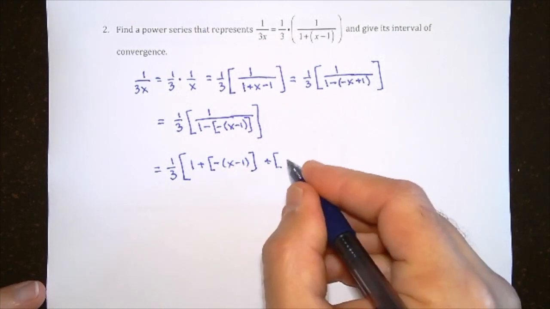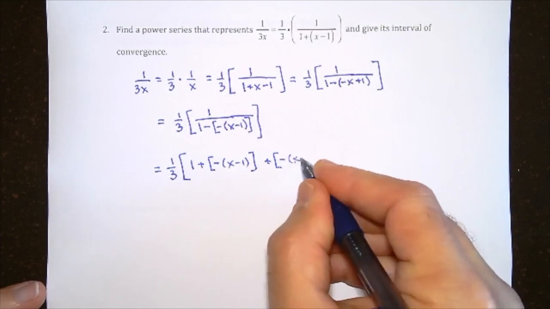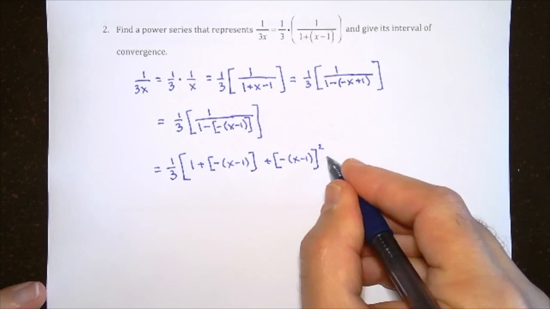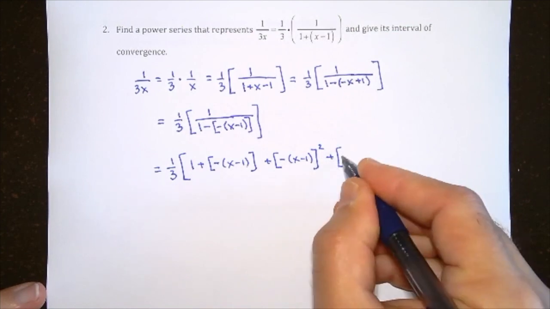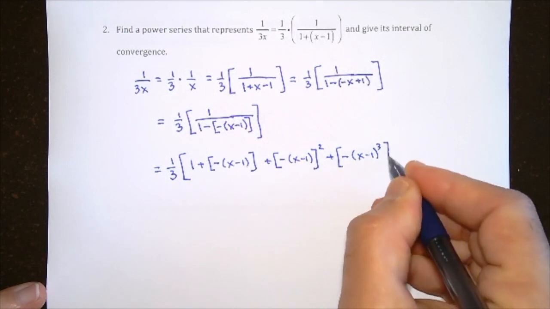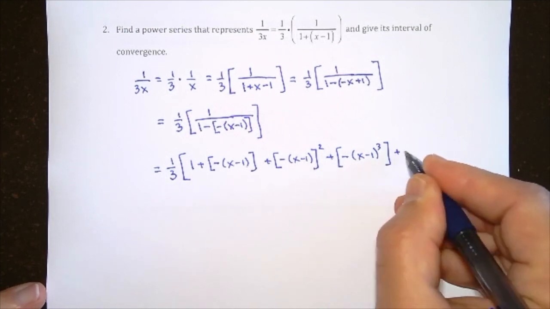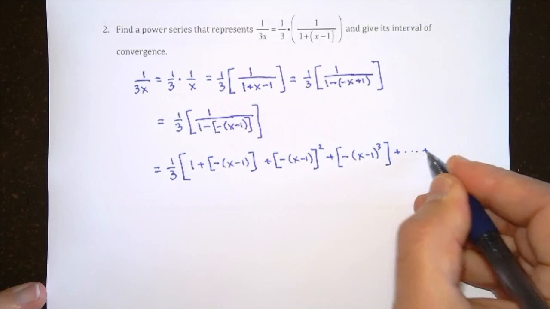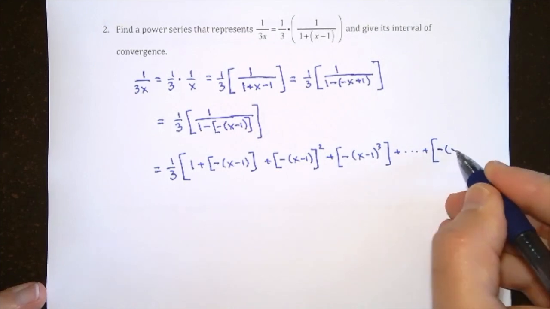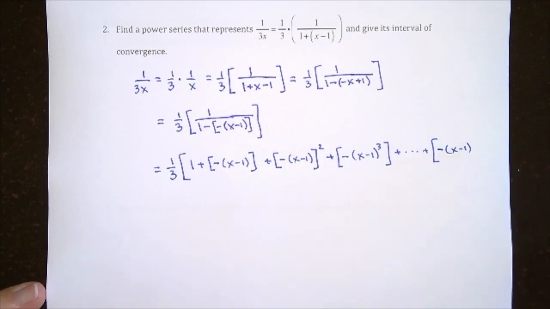And then plus bracket negative of x minus 1 to the second power, plus bracket negative x minus 1 to the third power, and then plus dot dot dot, plus, and then negative times x minus 1.